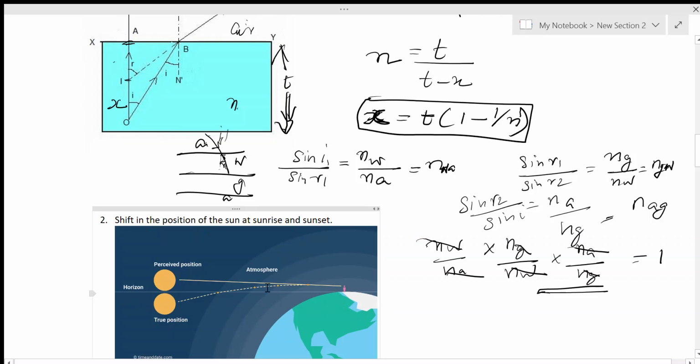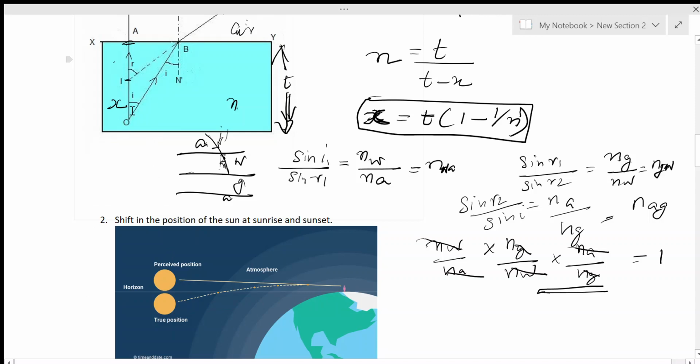This is the horizon, the straight level for an observer, that is called the horizon. And the sun might have gone down the horizon. So the real sun will not be visible for this observer. But what he will see is the elevated position of the sun, like this.